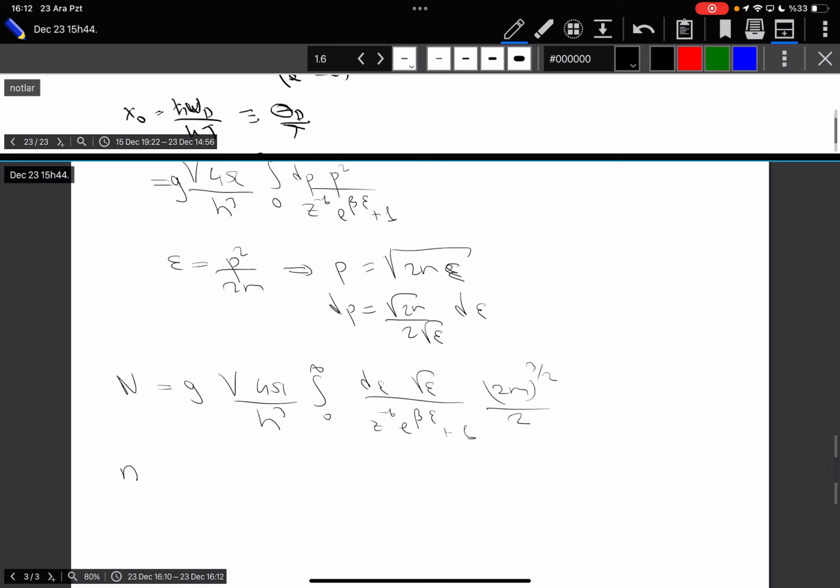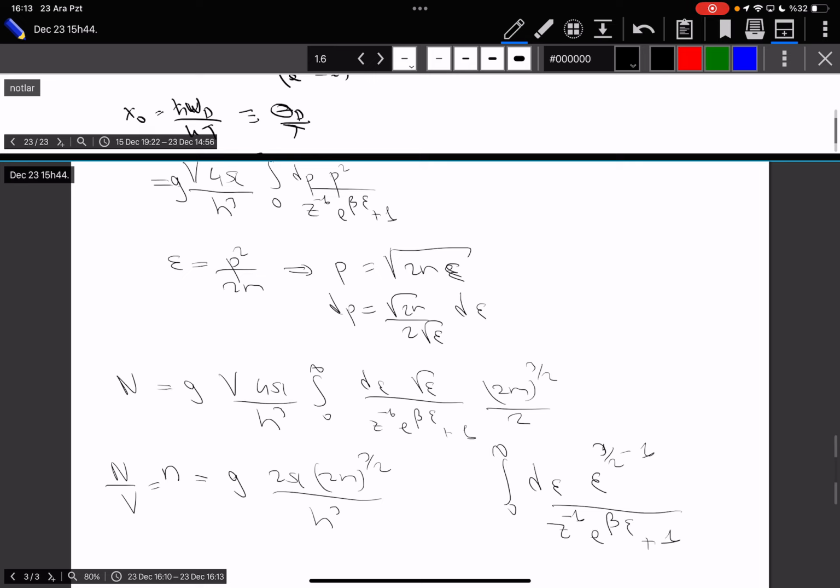So small n, which is capital N over V, this is given as g times 2 pi, (2m)^(3/2) divided by h cubed, integral from 0 to infinity d epsilon, epsilon^(3/2 minus 1) square root of epsilon, divided by z^(-1) e to the power beta epsilon plus 1. And let me divide by gamma 3/2, multiply by gamma 3/2.